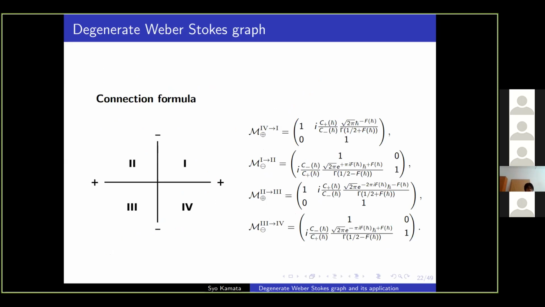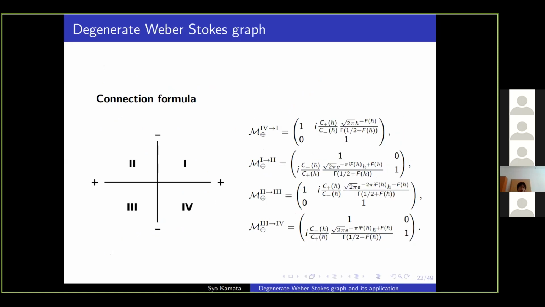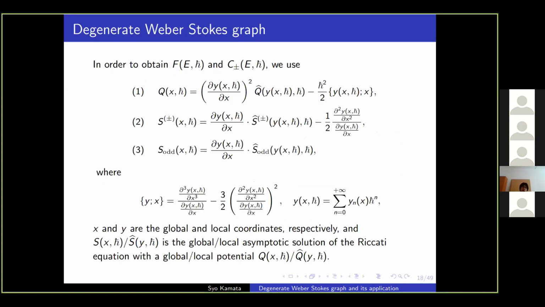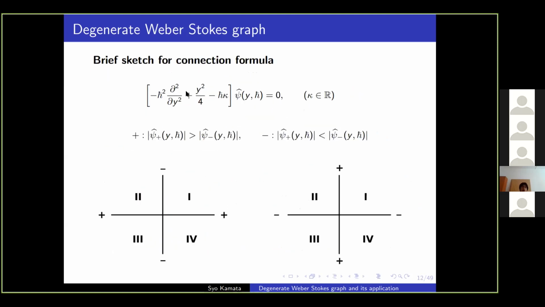So to obtain the connection formula for a generic potential, not only the Weber potential, then we have to do this calculation. Of course, if you just want the connection formula for this, it's known, but it isn't enough for our motivation. Okay, thank you for your comment.